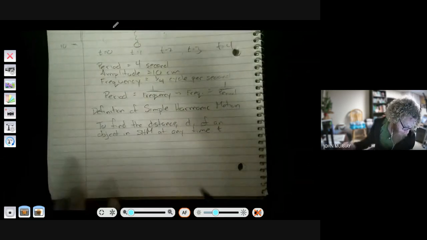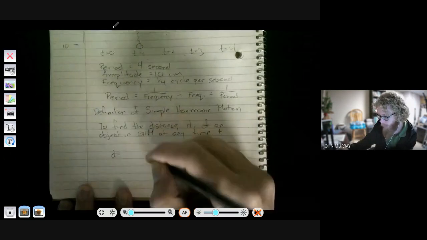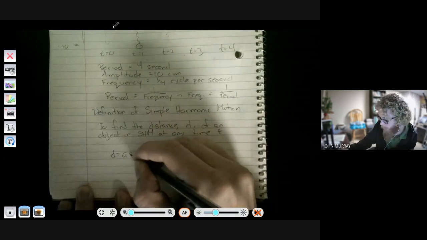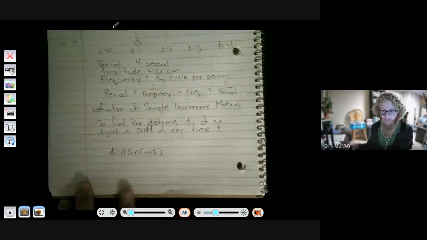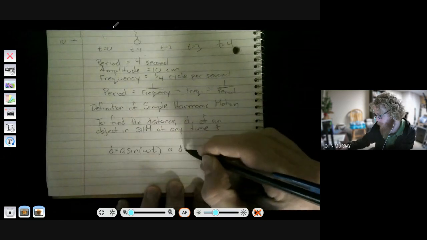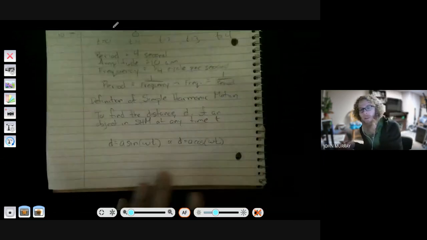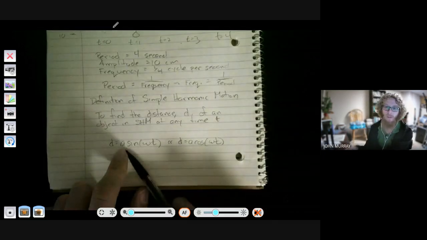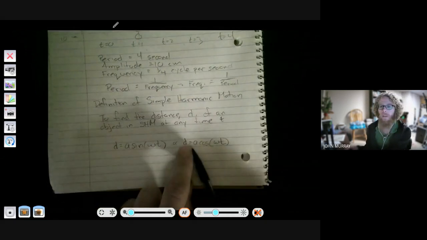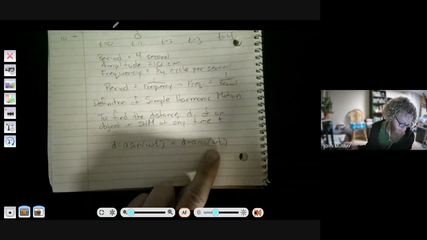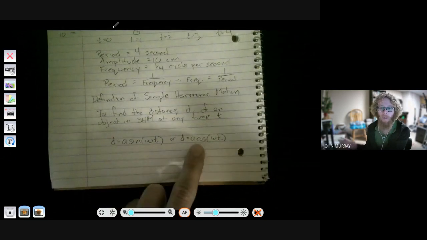Okay. We can use either the distance is the amplitude A sine omega t, or A cosine omega t, where A is our amplitude.